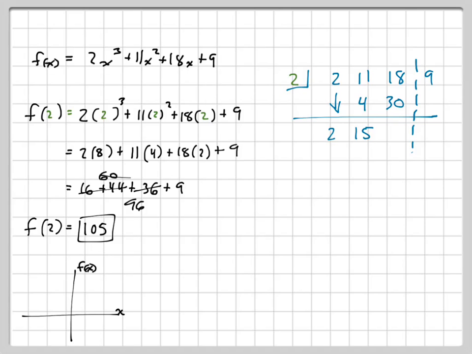And what's 30 plus 18? That's 48. Now I'm going to take 48, multiply that by the 2, and that's going to give me that. So what is that going to be? Yeah, 96. So 96 right there. Now I go 96 plus 9. What does that give me?